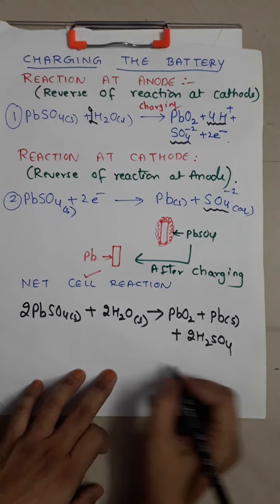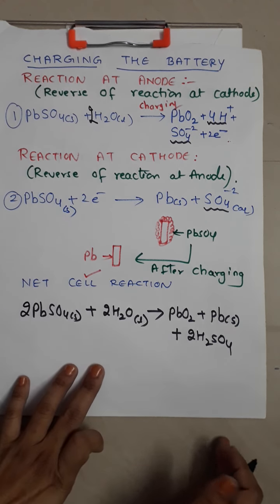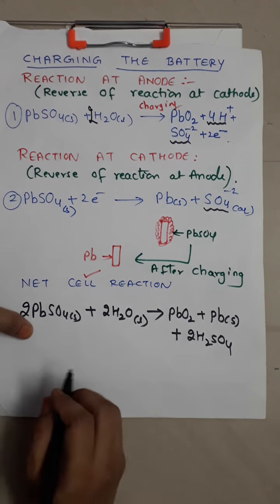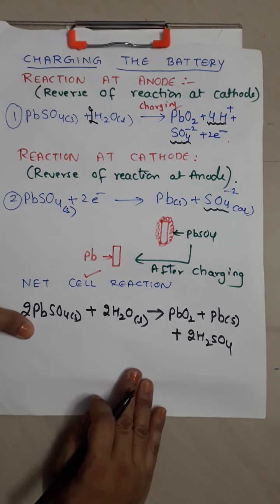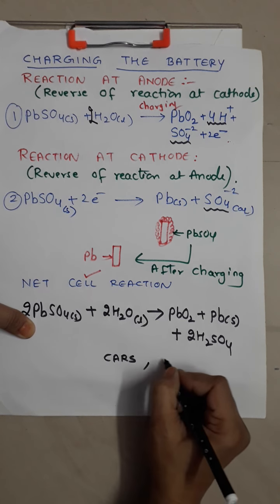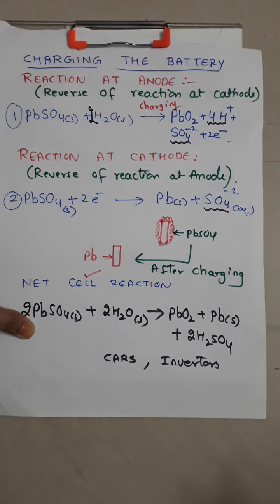The specific gravity of the sulfuric acid also is maintained. So here we are done with the charging as well as discharging of the battery, which is used in cars and inverters. I hope you have understood the concept. Thank you.